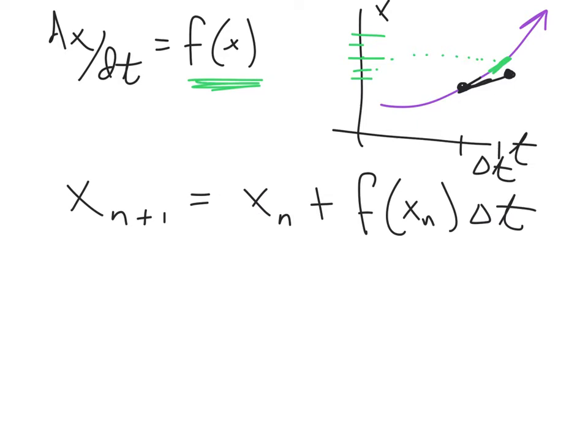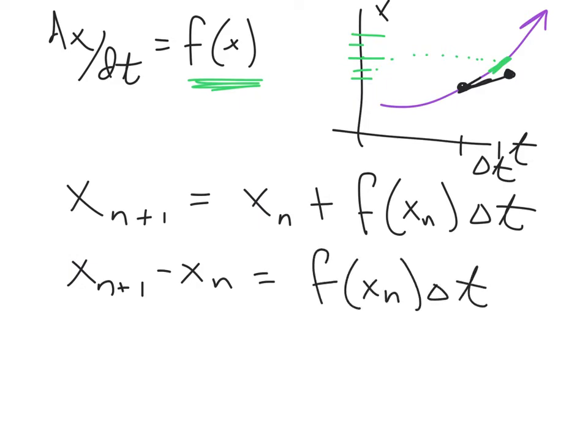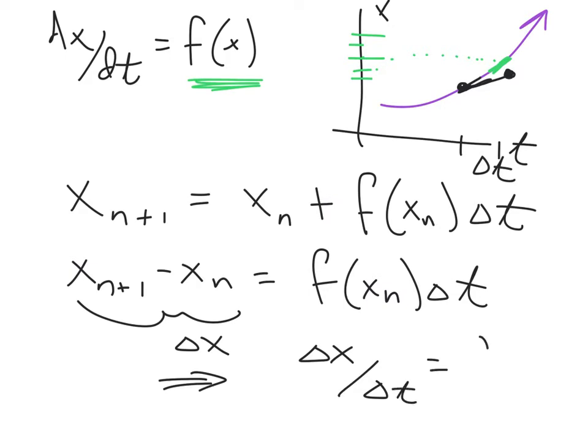Does this approximate solution make sense? We looked at this the other day, and we had this really nice argument that the change in x is equal to f of x sub n delta t, and that we can think of this as delta x. So this implies delta x divided by delta t equals f of x sub n.